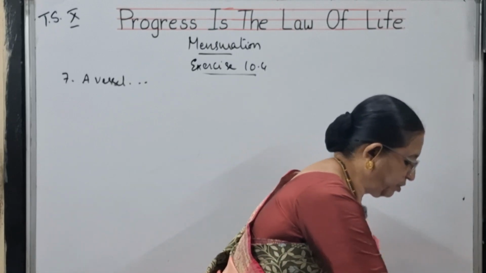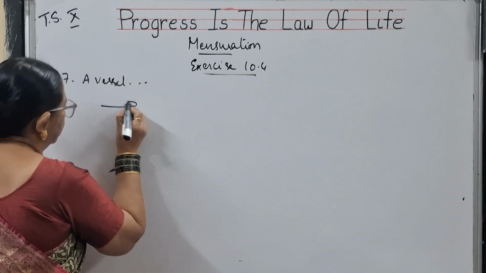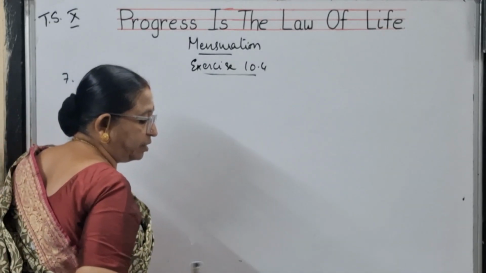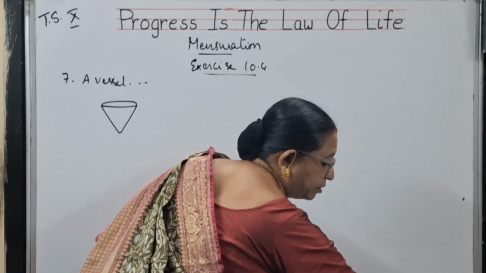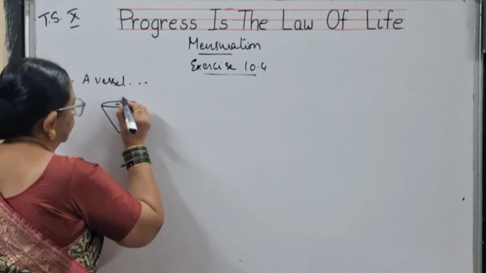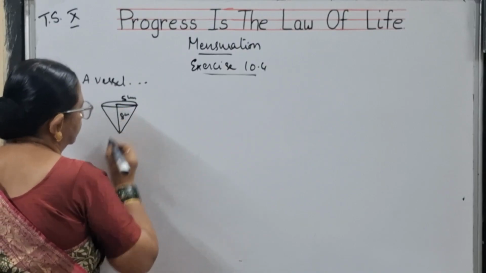So this is like using your Archimedes principle, children. There is a vessel which is in the shape of an inverted cone, and they said that this inverted cone has height 8 centimeters and radius of the top is 5 centimeters. Radius of top 5 centimeters and the height is 8 centimeters.